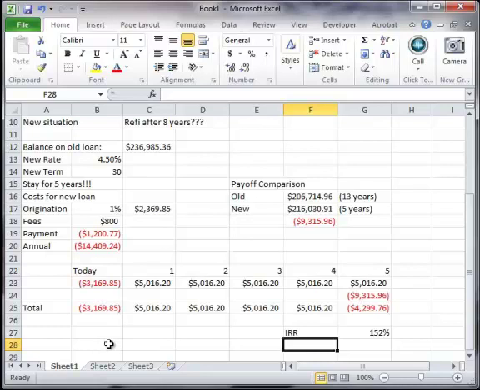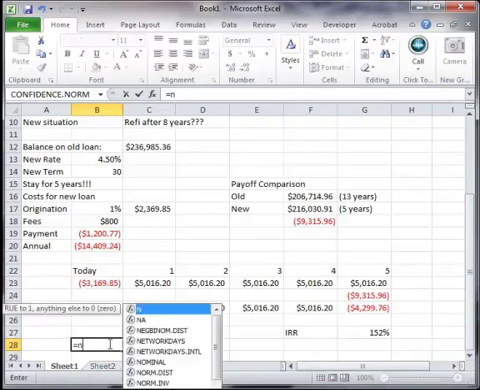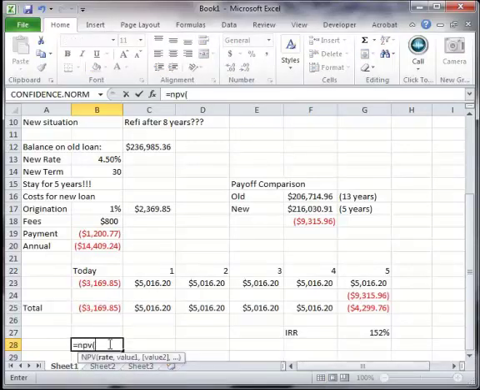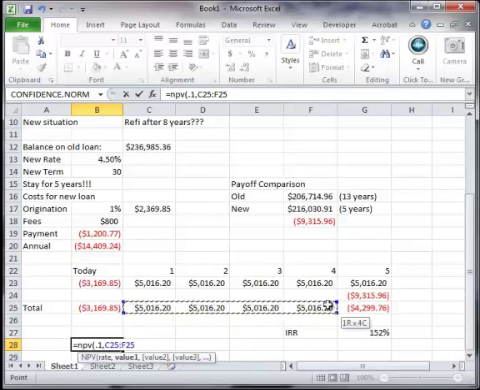So what we want to do here is go ahead and do an NPV. It may or may not be right, but you can get multiple solutions with an IRR calculation if you have positives and negatives. So the safest thing is to always do a present value of those future cash flows. And a simple way to do that in Excel is to use the NPV function. So we're going to do a present value of all the future cash flows using the NPV function, and then we're going to subtract away that initial cash flow.